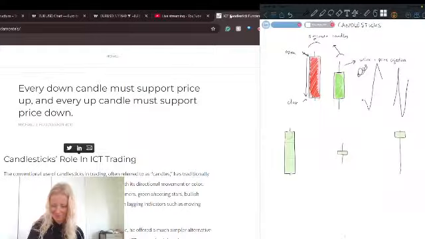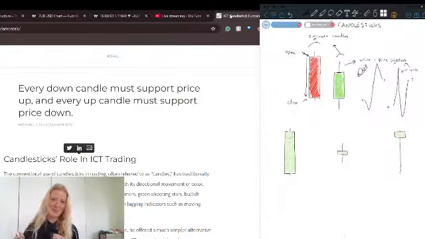That's also possible. So here you have the open, here you have the close. And these are the price rejections right here. That's the wick, which is price rejection. I'm just studying right now.